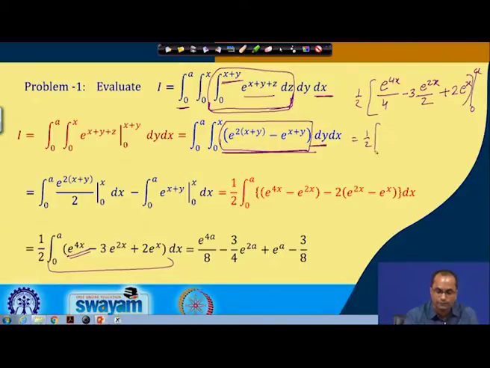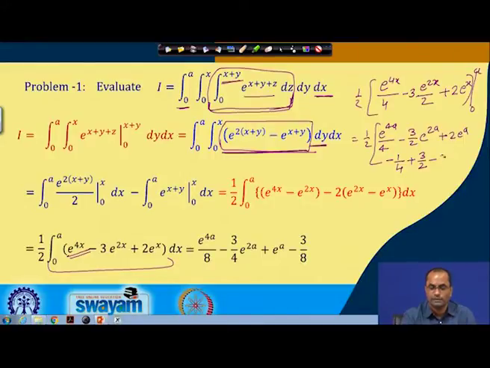Now when we put a there, we get e power 4a by 4 minus 3 by 2 e power 2a, and then 2 e power a as it is. Then with the minus sign, the 0 will put this 1 over 4, and here again the 0 will give 1. So, 3 by 2, and here this will be minus 2.